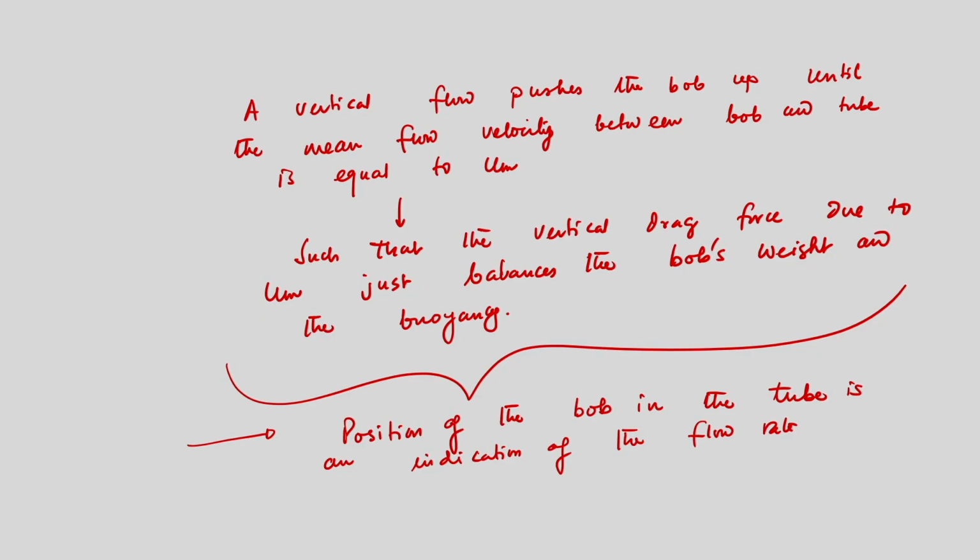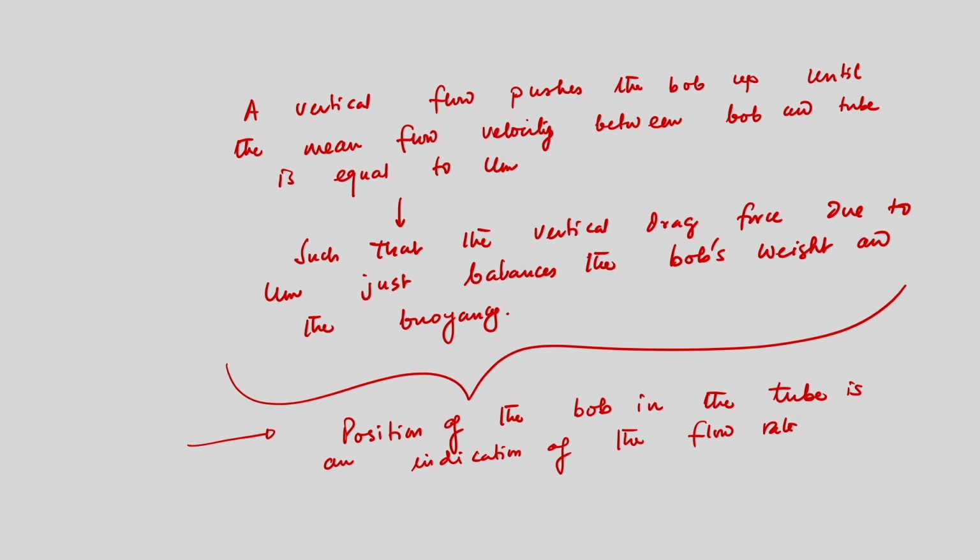That means bob elevation, because the bob will be lifted by the fluid velocity from the bottom. The elevation depends on the annular area between the bob and the taper wall. The fluid velocity will try to push the bob, and depending upon its strength, that is what we need to calculate, because we need to calculate the flow rate.